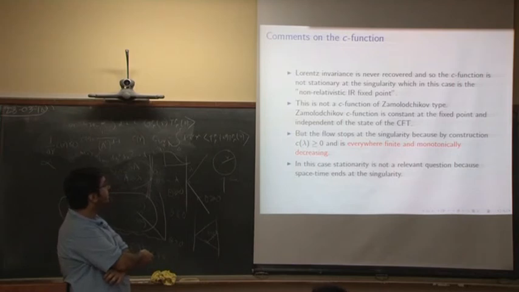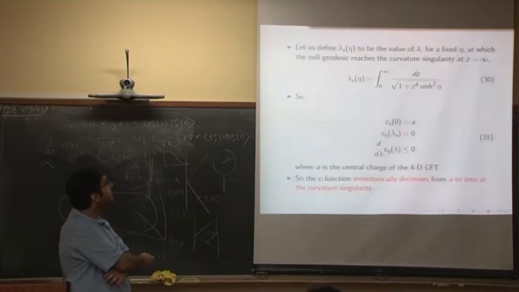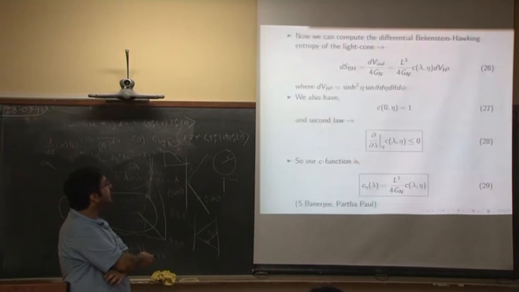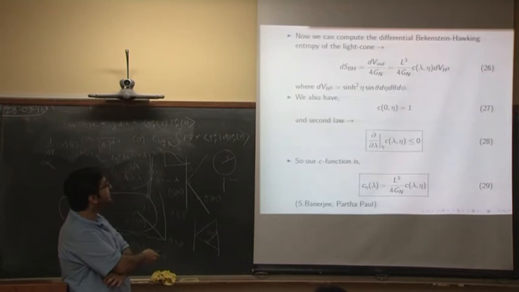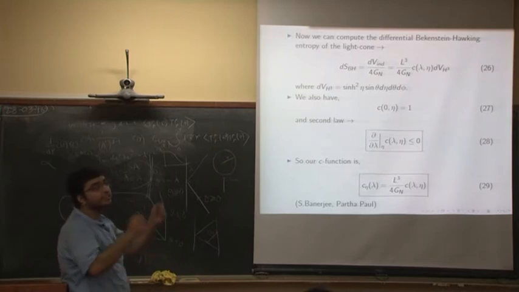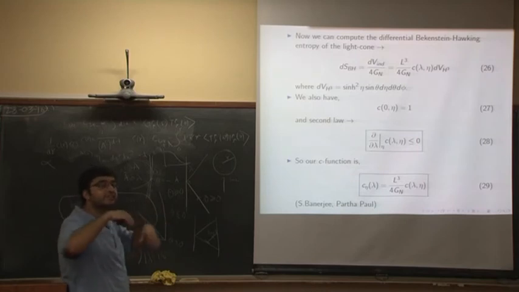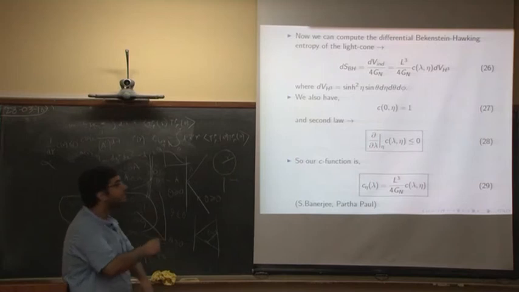What is eta again in AdS5? Oh, this eta. Okay. You see this H3. This H3 has metric ds squared equal to d eta squared plus so on. So this eta is the radial coordinate of this H3. You're taking some hyperbolic slices.